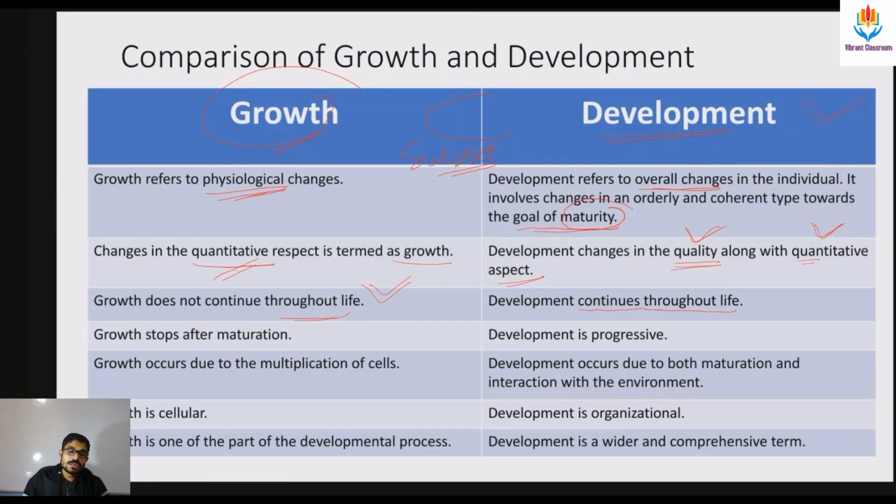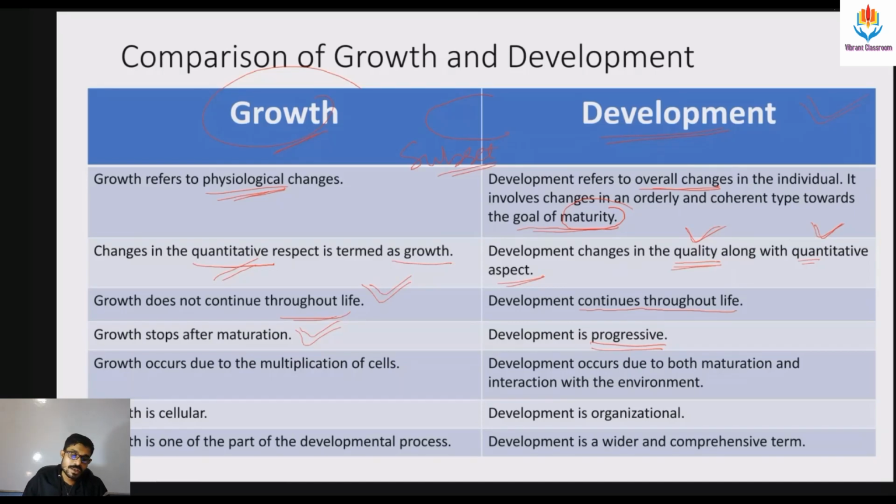Another thing is that growth stops after maturation. When an individual gets mature, after that there is no concept of growth within the individual, but development is progressive. That means every day you find new things in your life, you gain experiences from these new things, and you find different types of development.